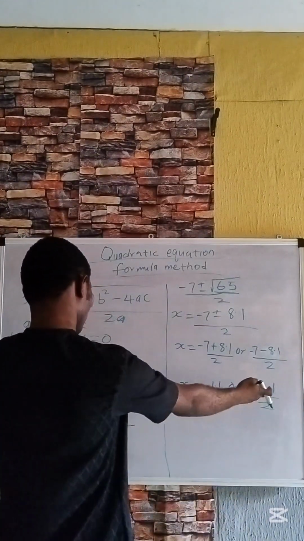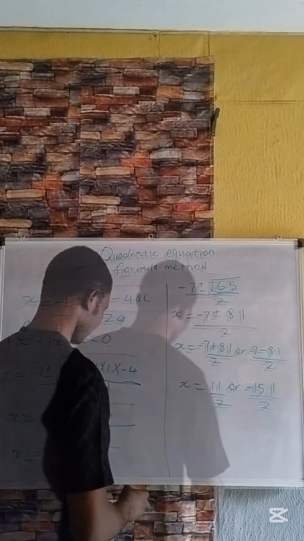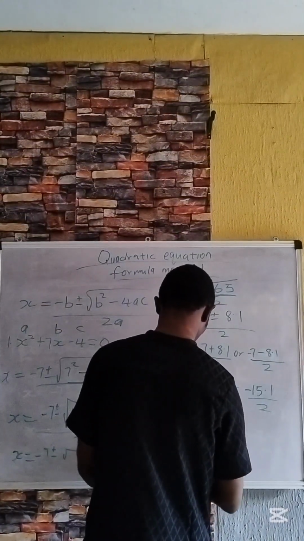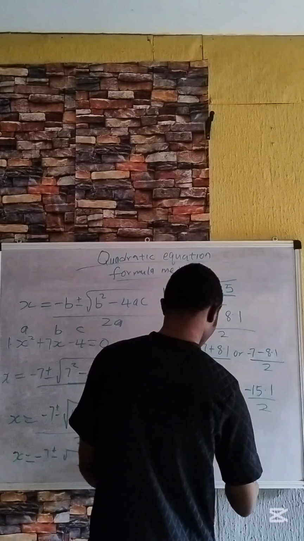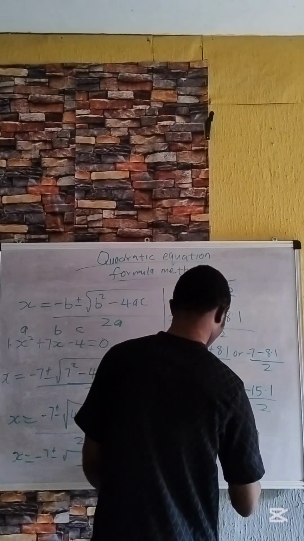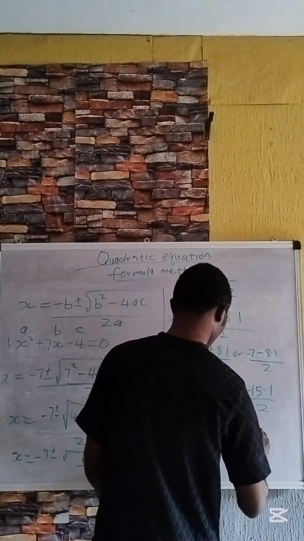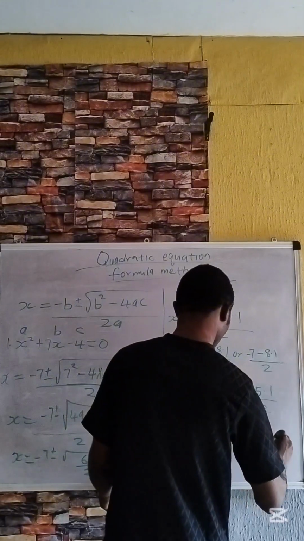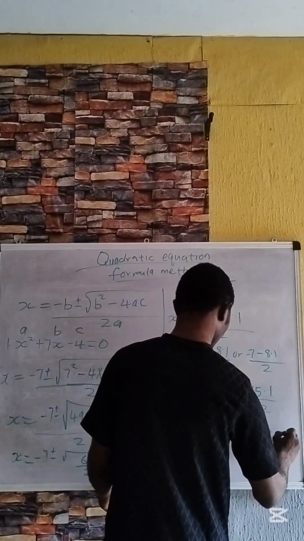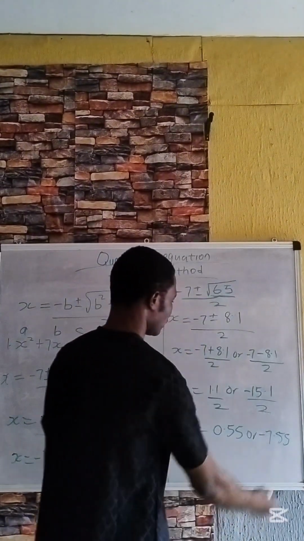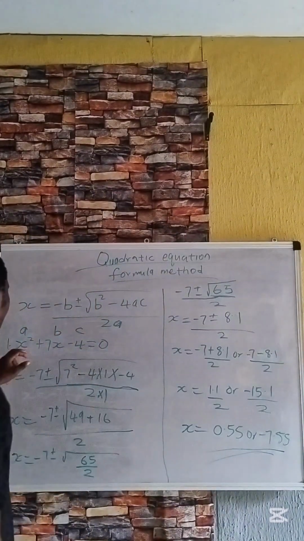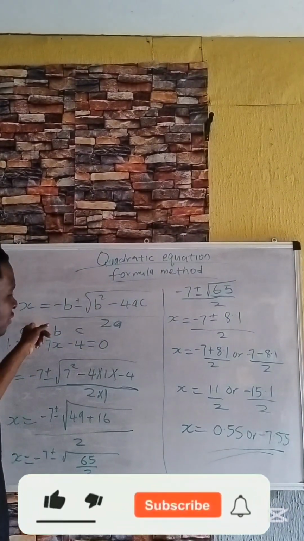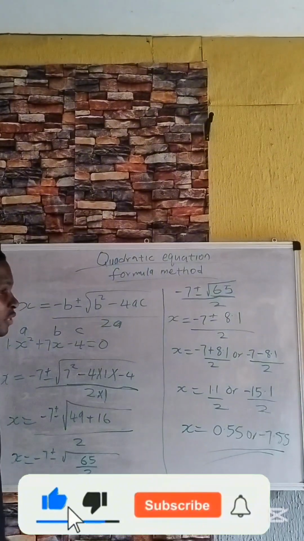So you can go ahead and divide this and get your final answer. The answer I got is x equals 0.55 or -7.5. So that will be our final answer for this question if we apply this formula method.